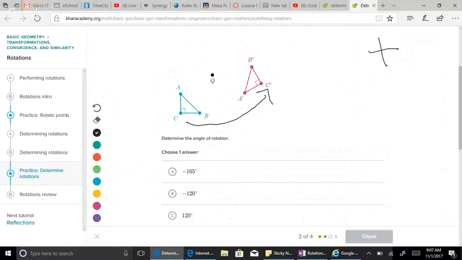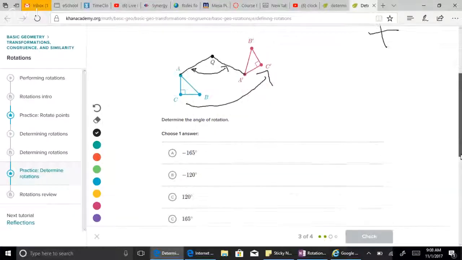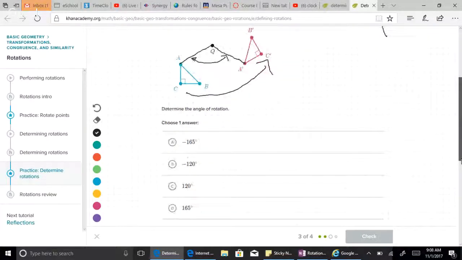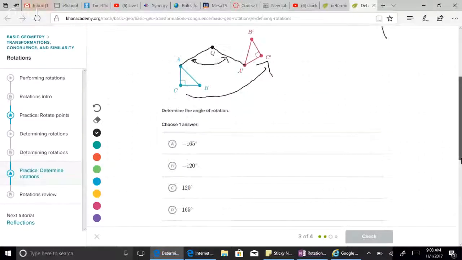Now I'm going to start at Q and draw to point A and to point A prime. Okay, now let's see what our options are. They're saying that it has to either be 120 degrees or 165 degrees.